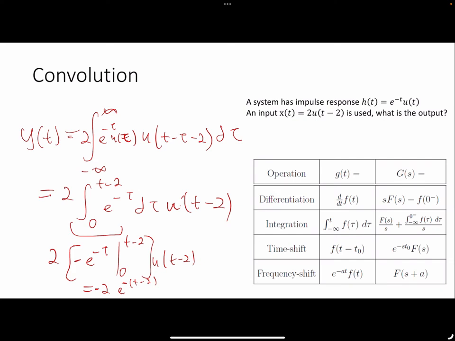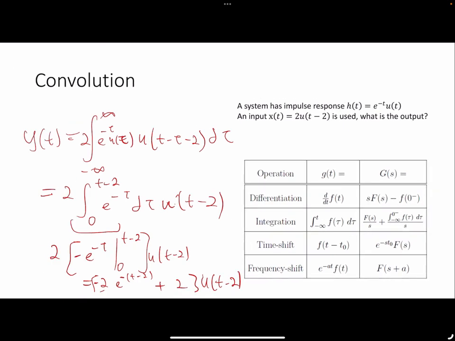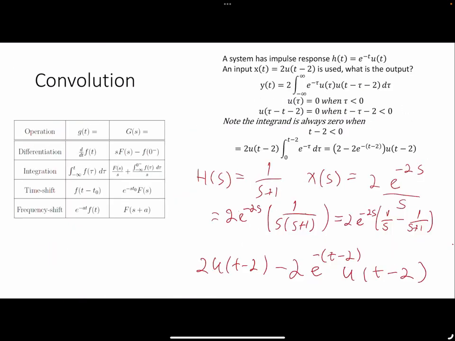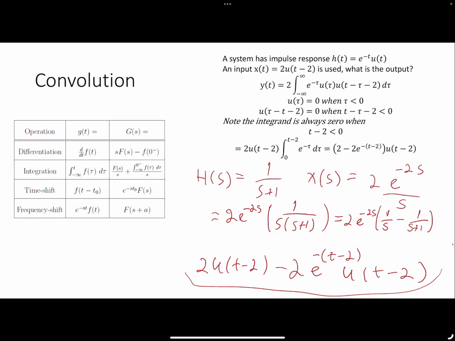Sorry. Yeah. And then you have to multiply this whole thing by u(t - 2). So you could have also done it this way. And as you can see, I hope I got the right answer. Let me look in the next slide. Yeah, and then you get the same answer. So it doesn't really matter. Both ways work.